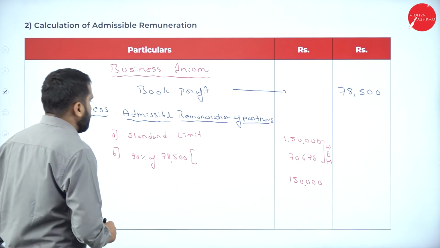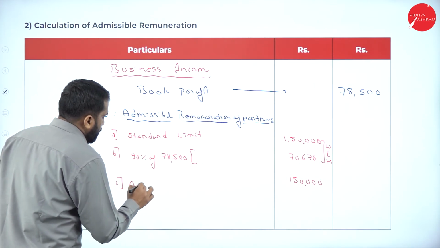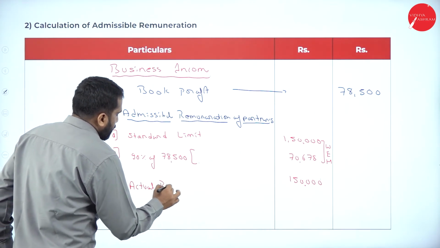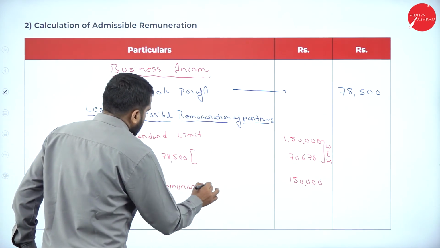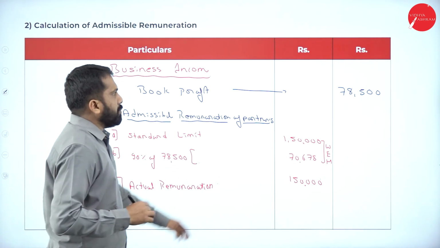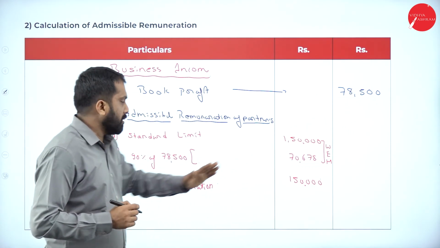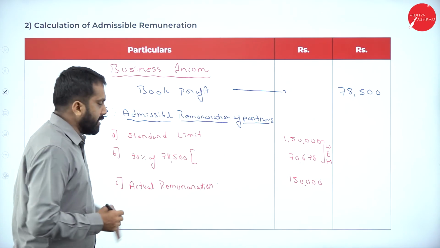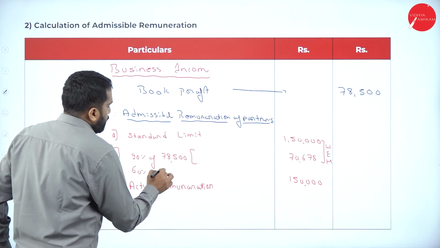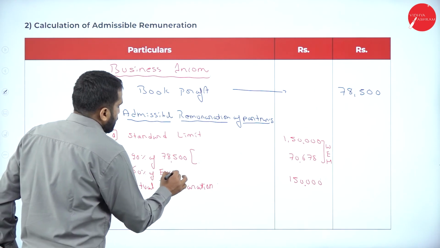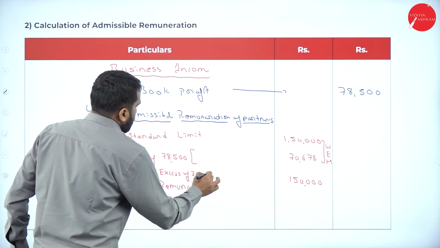Yes. Now, C. Actual remuneration. See, in case your book profit is around 3,78,000, what you are supposed to do? Up to 3 lakh 90% and 60% of excess of 3 lakh.